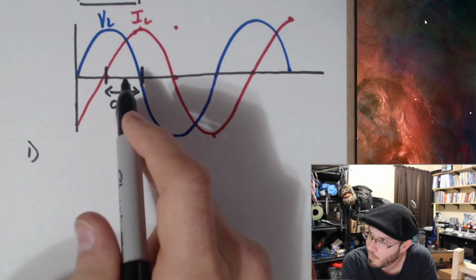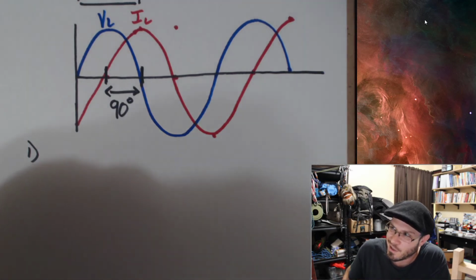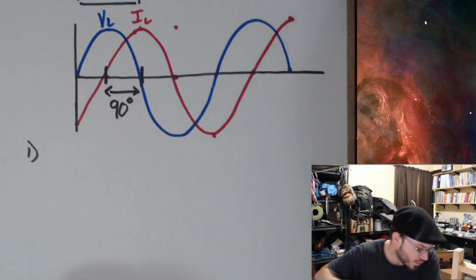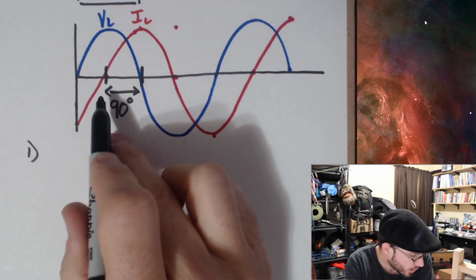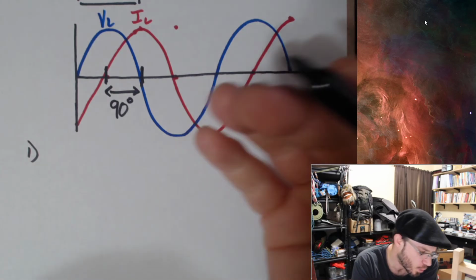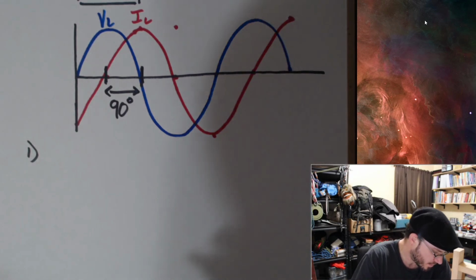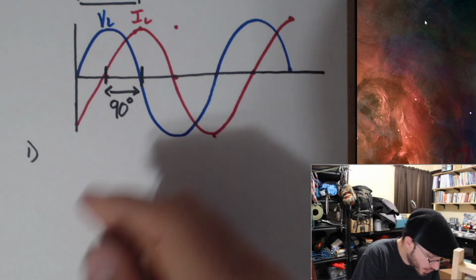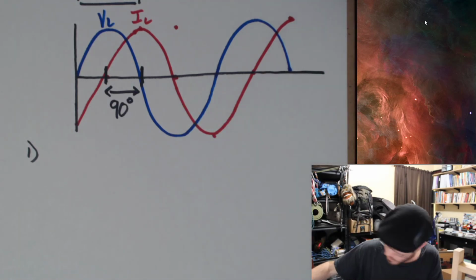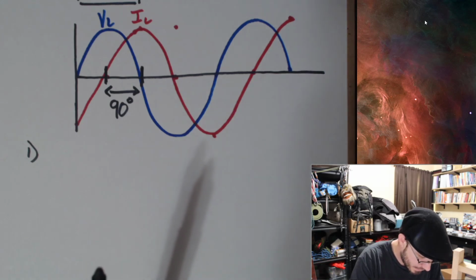Now, if you remember, an inductor opposes a change in current. Okay, so it's actually going to be useful for us to look at the minimum rate of change and the max rate of change for our applied voltage. In fact, I'll use, do I have a few other colors around here? Blue, and I'll stick to green and black.